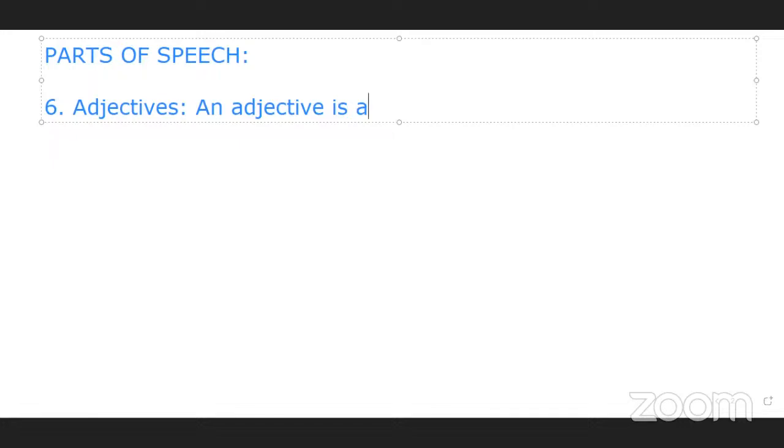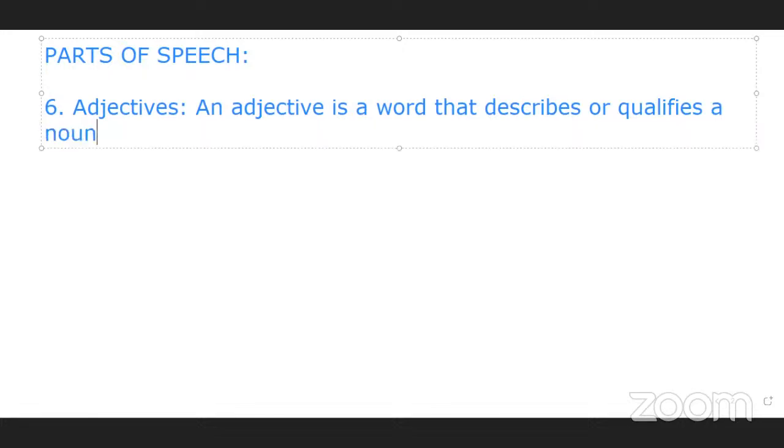Yes. An adjective is a word that describes or qualifies a noun. It gives more meaning. It gives or adds meaning.